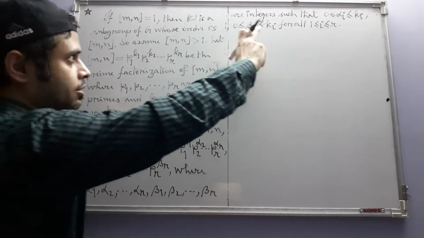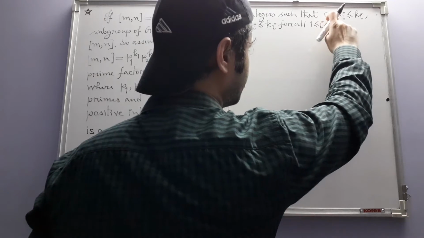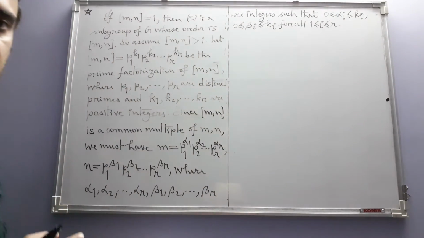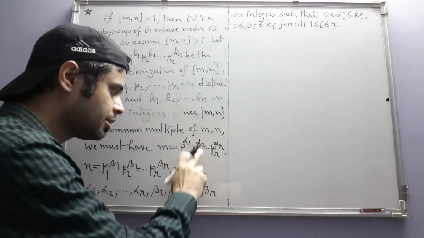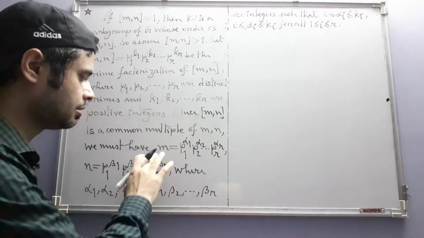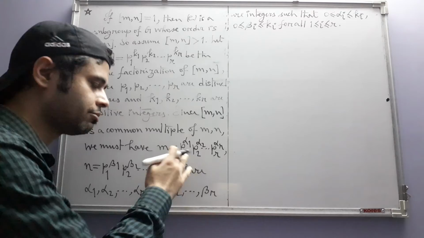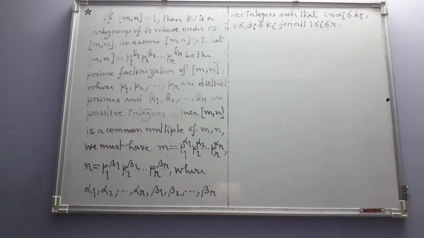Some of the alpha i's are allowed to be 0. The corresponding primes will not be there in, if you want to call it, the factorization of m.